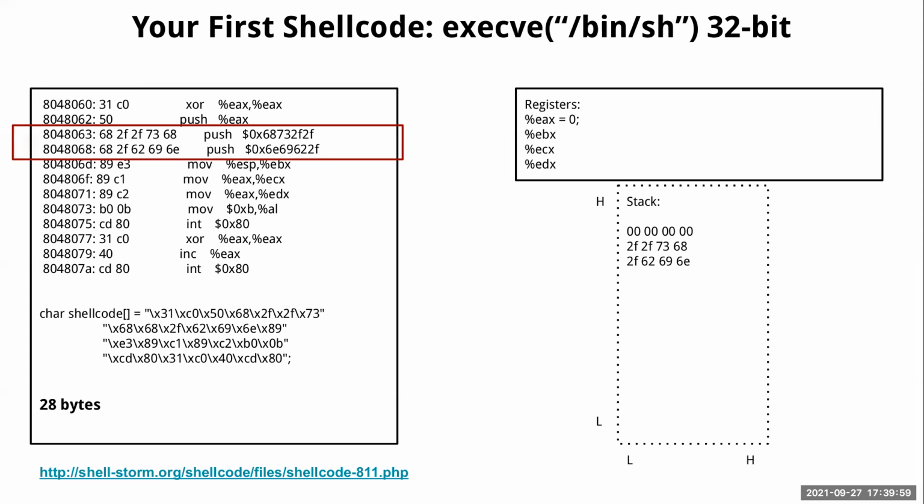Which means back here, 68 should be here because the right hand side is higher address. Then 73 is here, 2F, 2F. Then we push again this value. So now the stack is like this. I do have an animation for that.